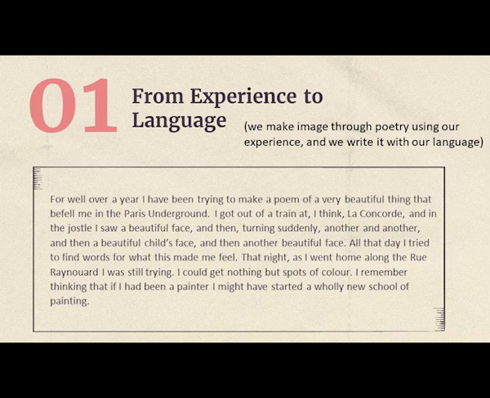All that day I tried to find words for what this made me feel. That night, as I went home along the Rue Raynouard, I was still trying. I could get nothing but spots of color. I remember thinking that if I had been a painter, I might have started a wholly new school of painting.